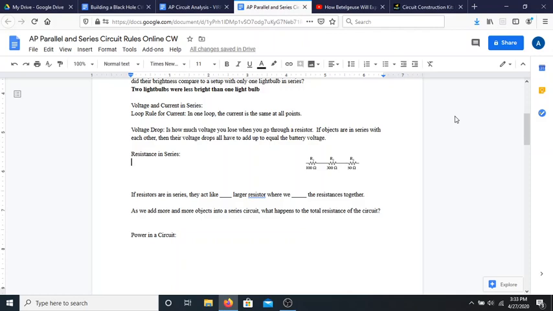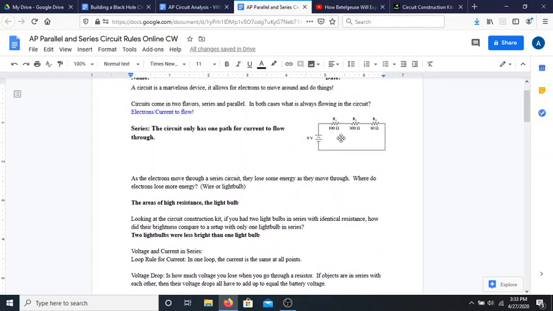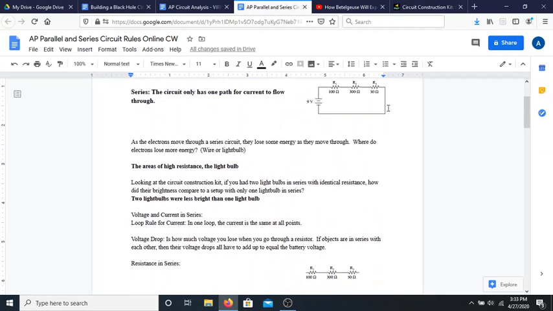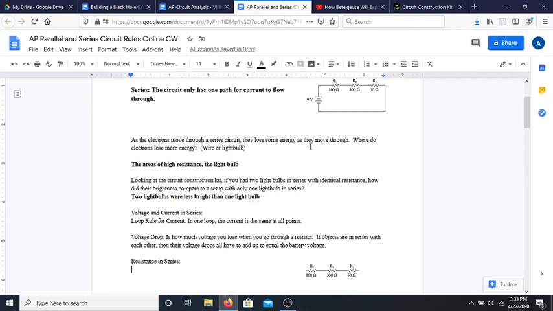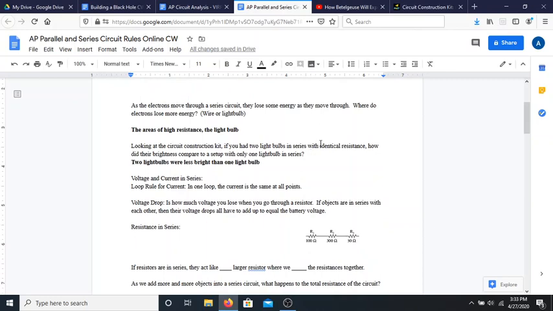Now, if I have a circuit where I have multiple resistors in series with each other, I can look at them as individual resistors, and that would be fine, but I also can do something that we've done several times in class, and we do a little magic. I can look at these three resistors and say, let's say I'm standing really far away, and I've put a magic box over these resistors.